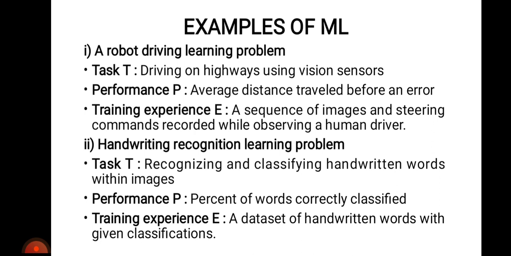Another example is the handwriting recognition learning problem. In this, task T is recognizing and classifying the handwritten words within an image. Performance P is the percentage of words classified correctly. And training experience is a data set of handwritten words with given classifications.